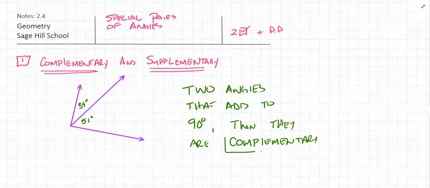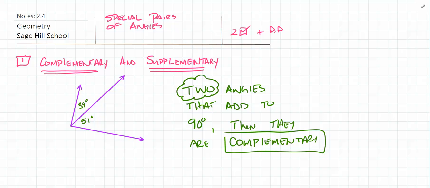The important word here, ladies and gentlemen, is 2 angles. It can't be 3 or 4 or 5 or 6 angles. 2 angles, one complements the other. Complementary angles: 2 angles that add to 90 degrees.